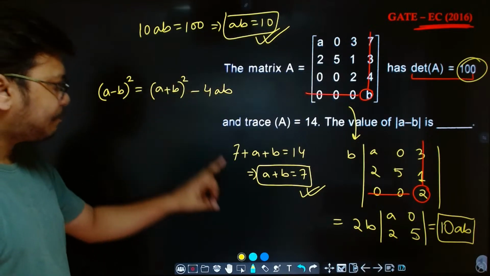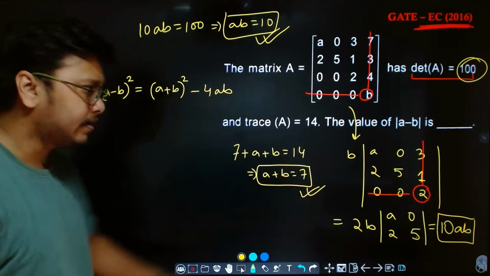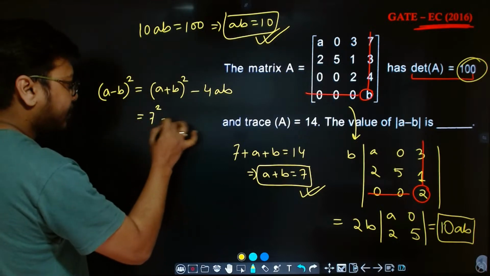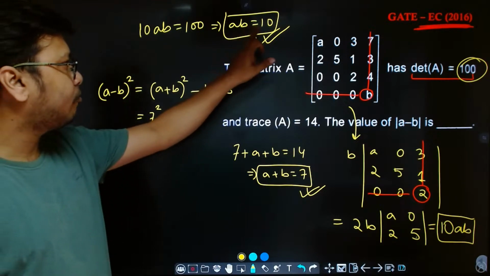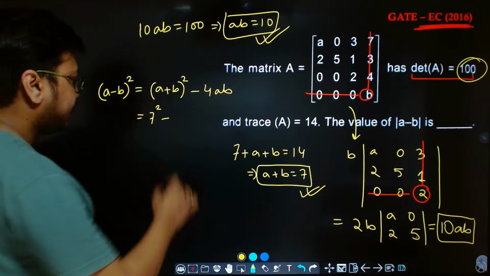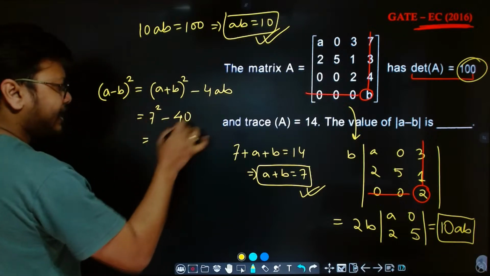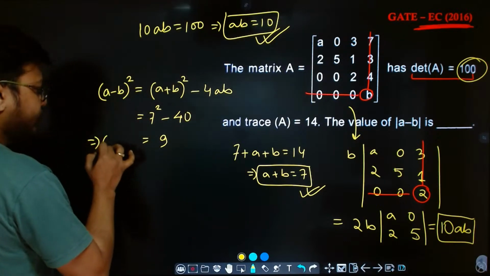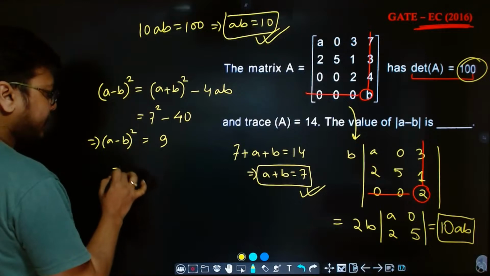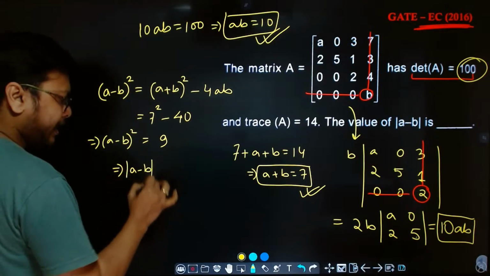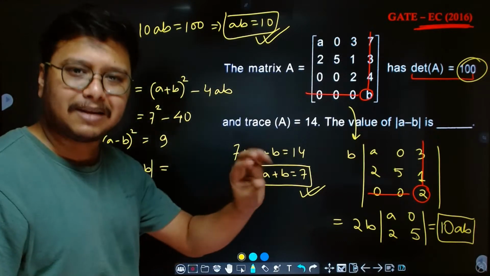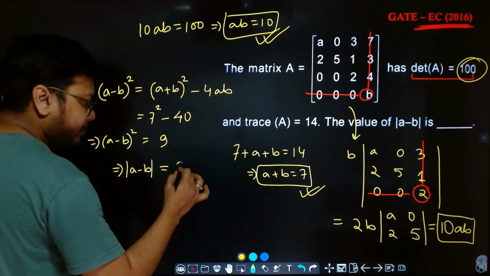A plus B is 7, so this is 7 square minus 4AB, and 4AB is 40. So 49 minus 40 is 9. So A minus B whole square is 9. If you take the root, you get plus minus, so mod A minus B will be 3.